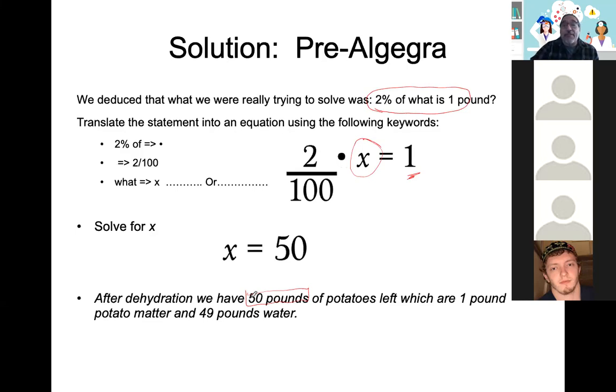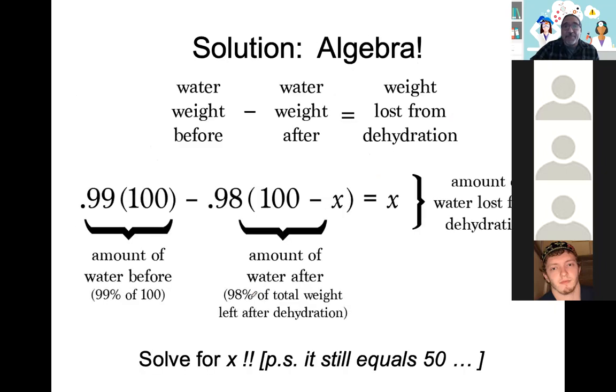Of course, there's even another way to do it, which is actually using algebra, because what we really know is how much water is there when we start the experiment. We know it's 99% out of 100.